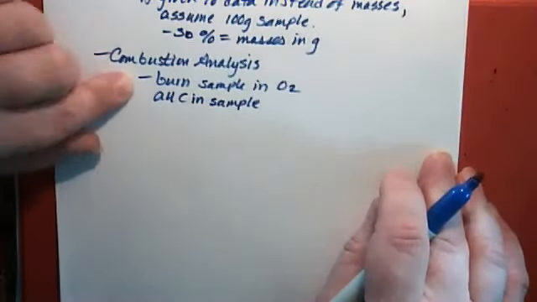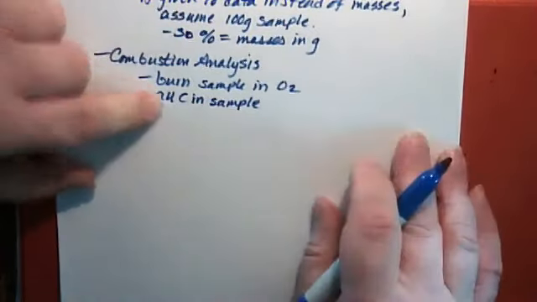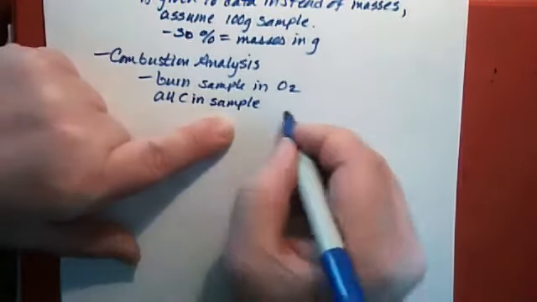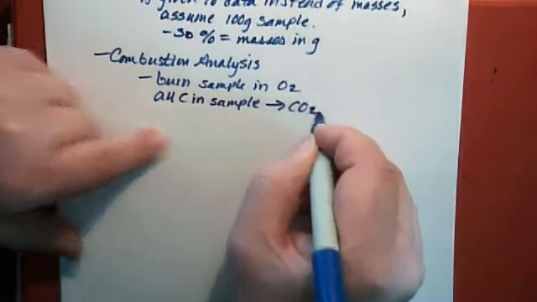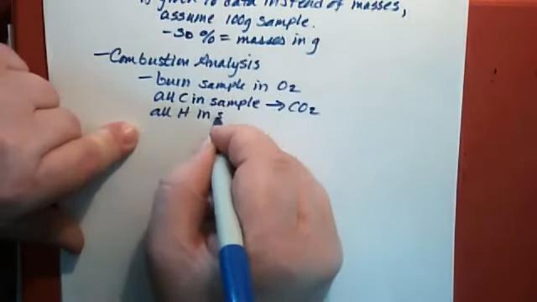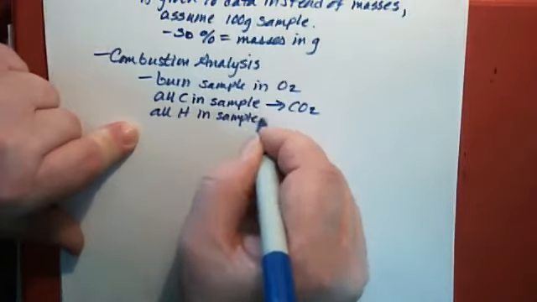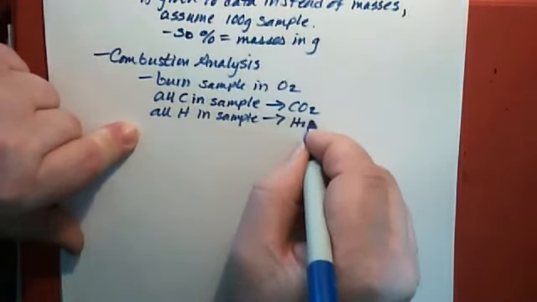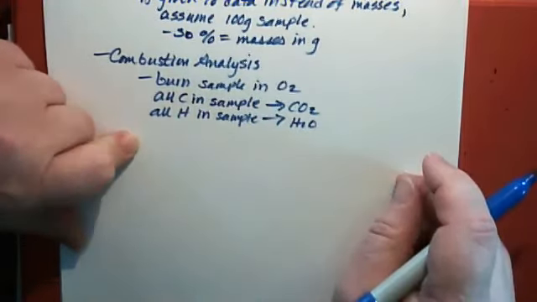Basically the theory is that all of the carbon in the sample becomes CO2, and all of the hydrogen in the sample becomes H2O.